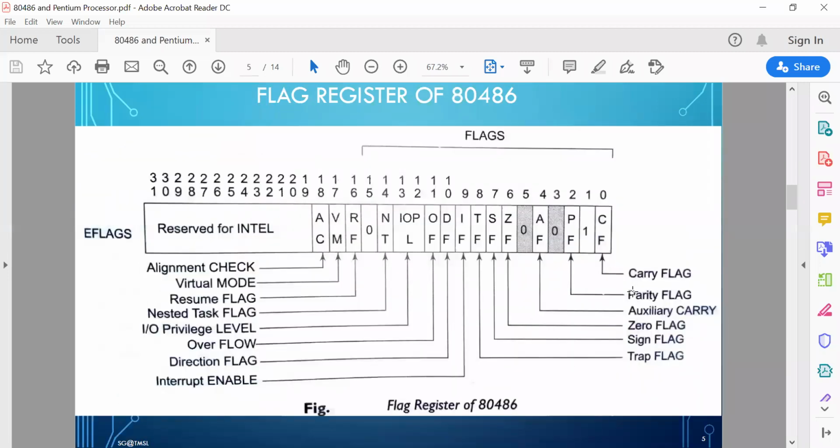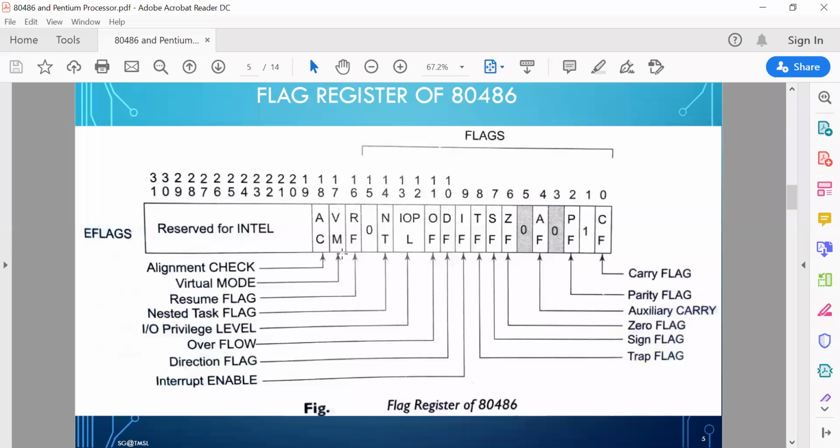So here is the flag register of the 80486 microprocessor. Everything will be the same up to D15 as in the 8086, 286 and 386 microprocessors.